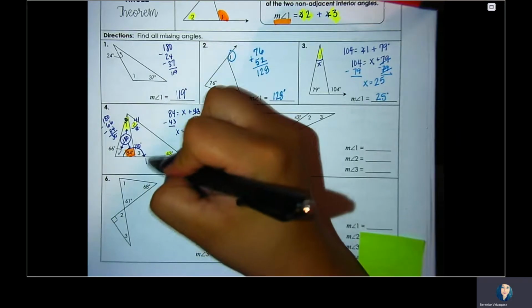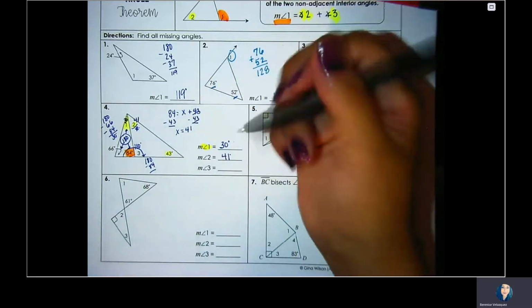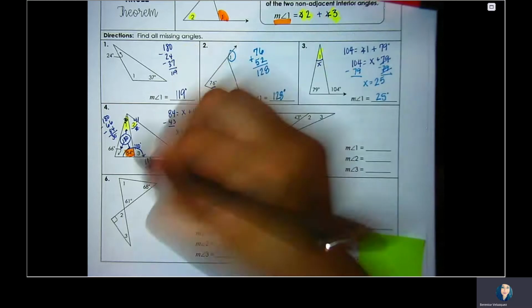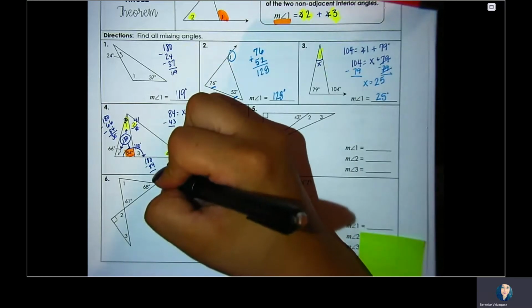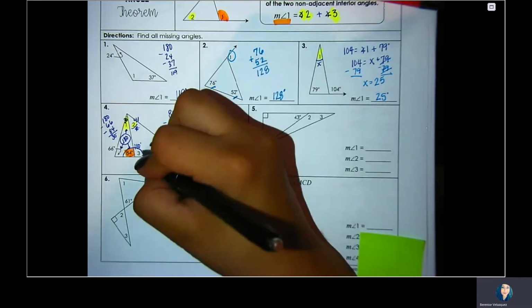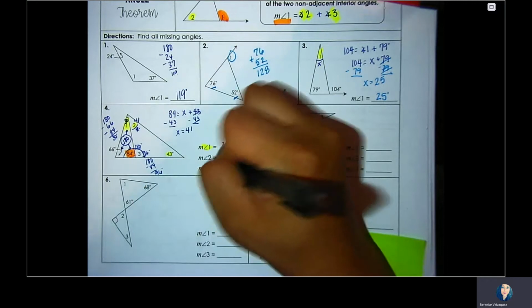So to find angle 3, 180 minus 84. I would do this method because it's just one step and I only have to subtract one number instead of two numbers. So 180 minus 84 is going to be 96. So there's my answer for angle 3, and I can put that in the blank.